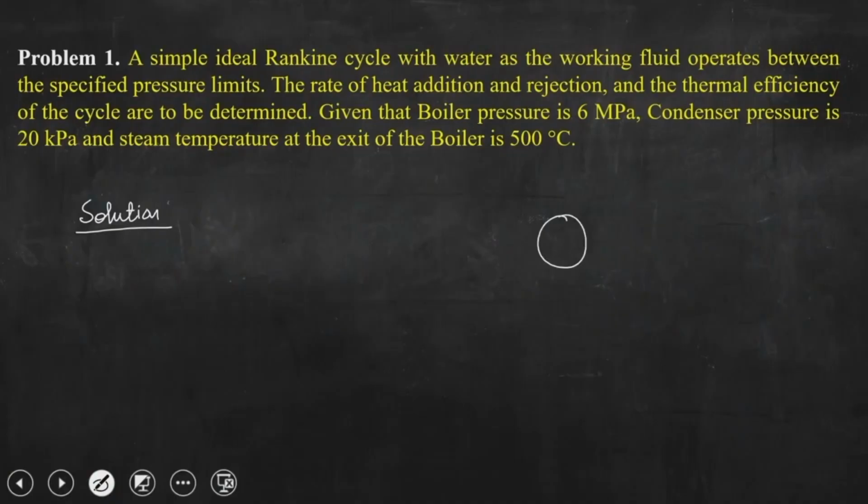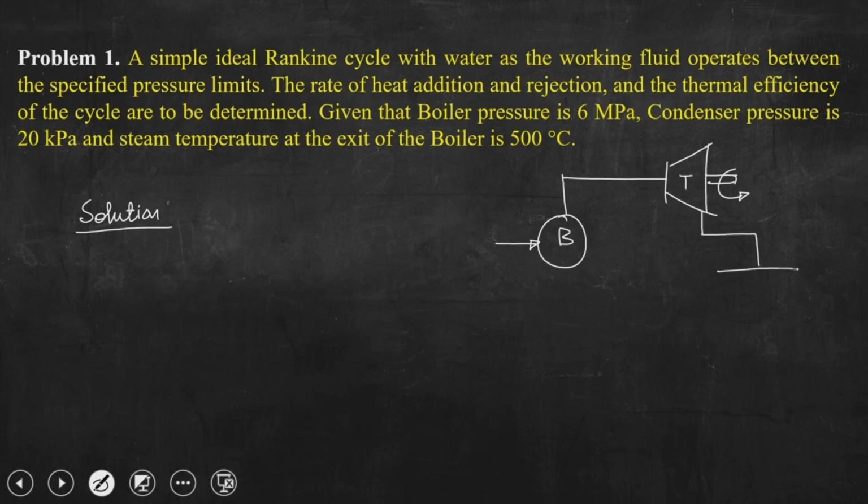We have boiler, then turbine, and after doing work, steam is taken to the condenser. From there, the collected steam is pumped back to the boiler.